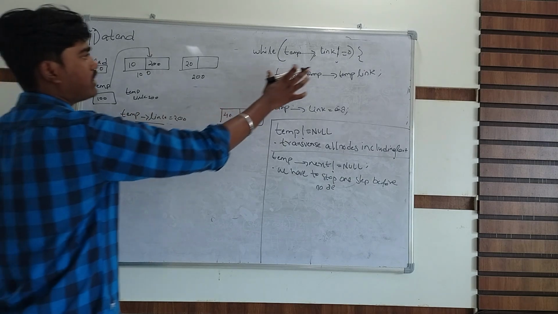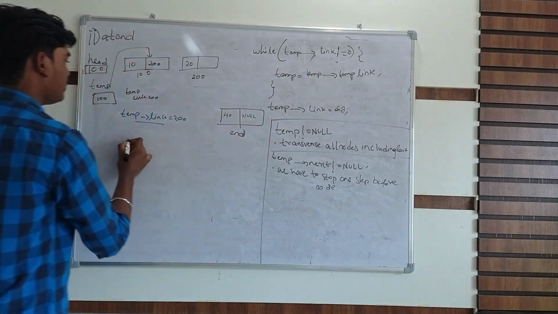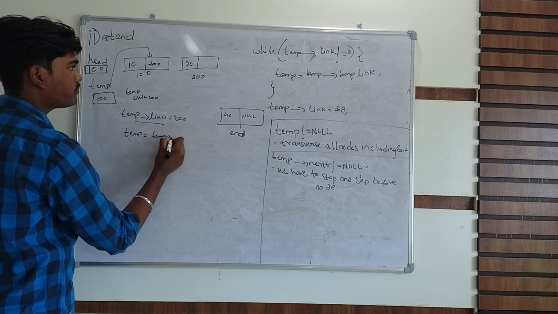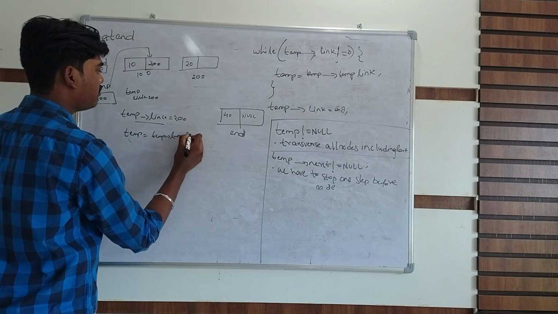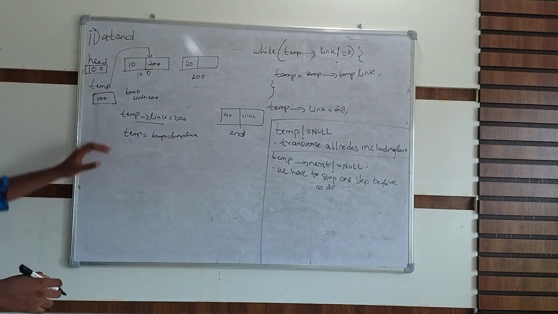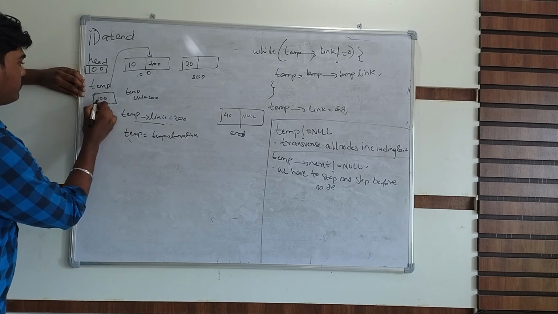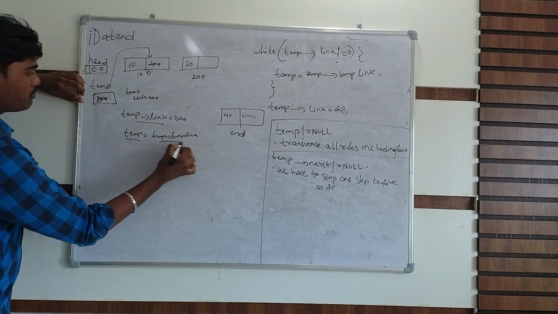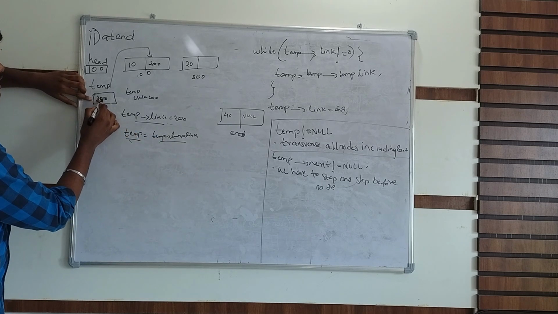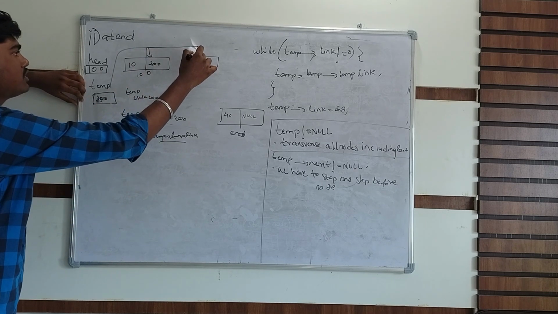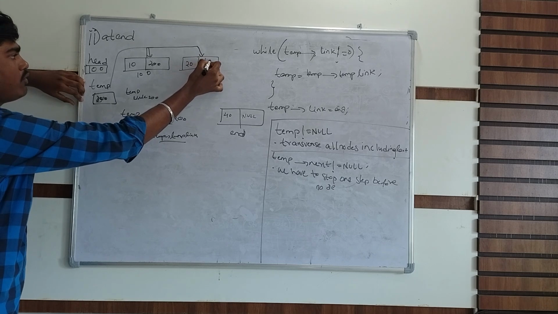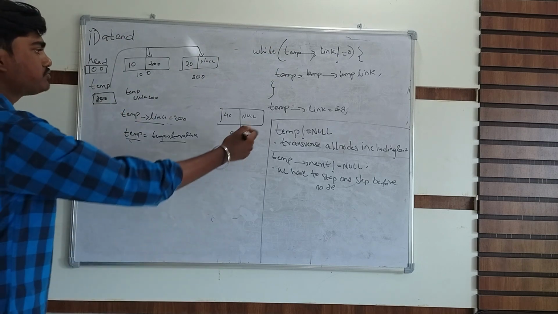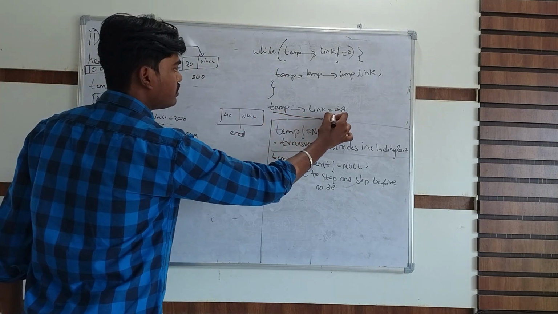Temp link is 200, condition true, it will go inside. After that temp equal to temp link. That means now the temp value is 200. This link was this, where here we have null. So the condition is false, it will come outside, and temp link is equal to end.